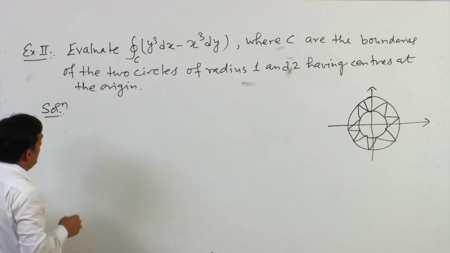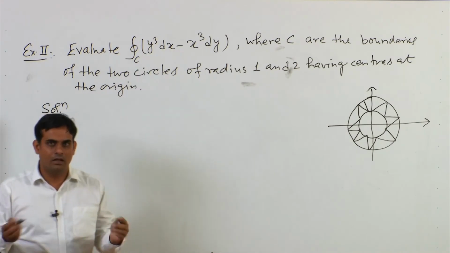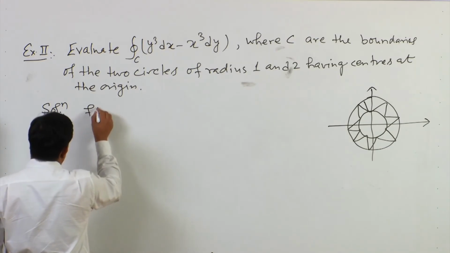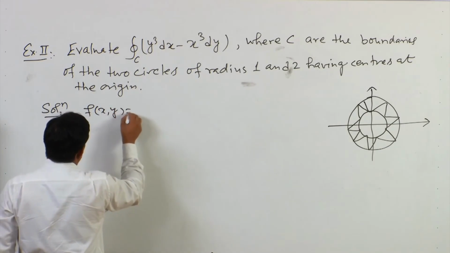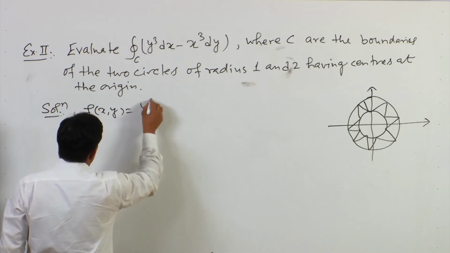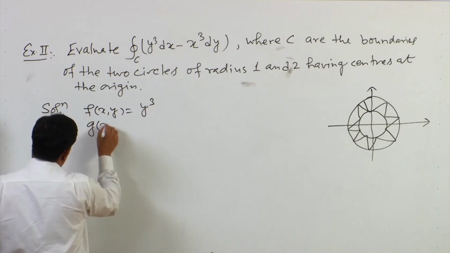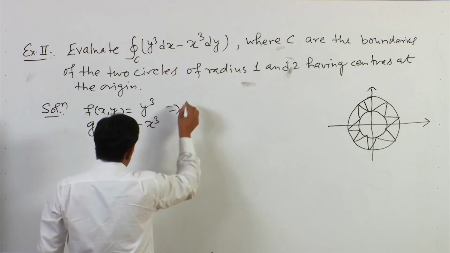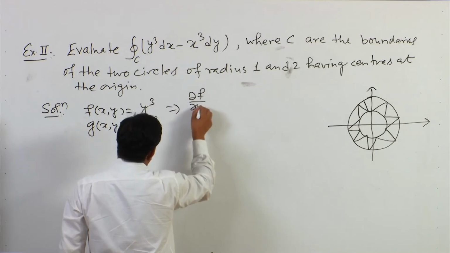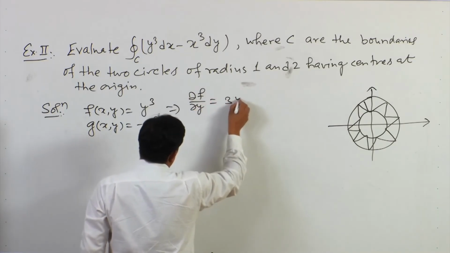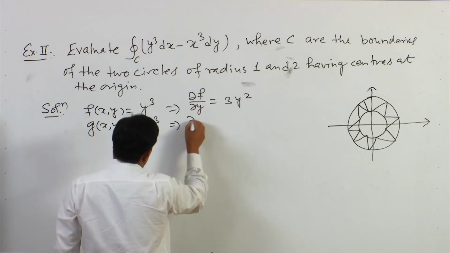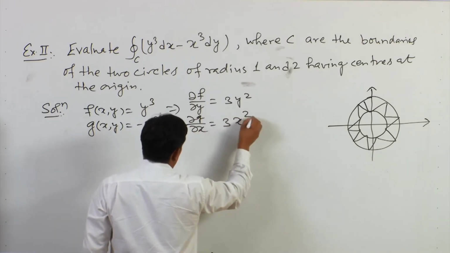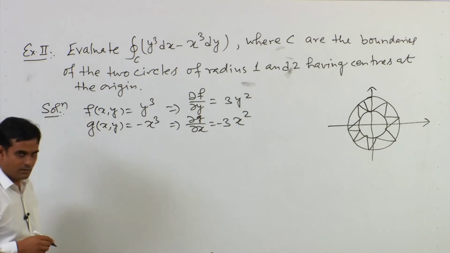Here if I compare this particular line integral with the statement of Green's theorem, f of x y is y cube, g of x y is minus x cube. From here del f over del y comes out to be 3y square and del g over del x comes out to be minus 3x square.